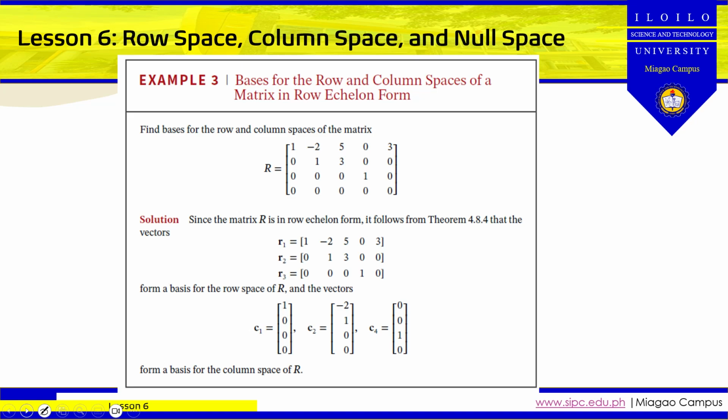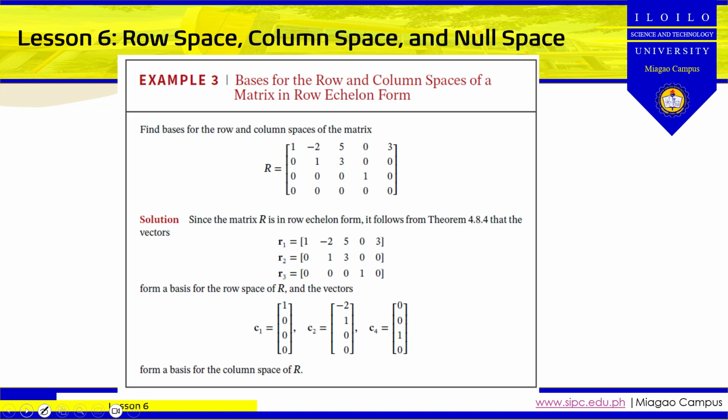So we will have an example of this. For example number 3, which relates to Theorem 4.8.4, the basis for the row and column space of a matrix in row echelon form, R or REF. So we will find the basis for the row and column space of the matrix.